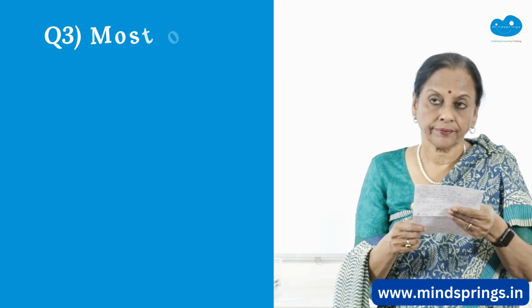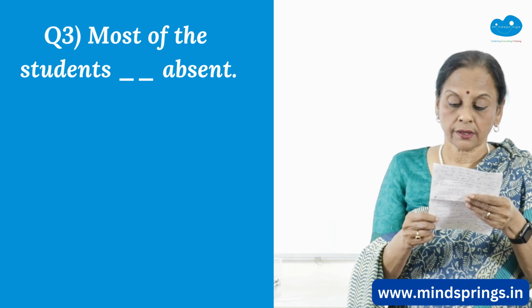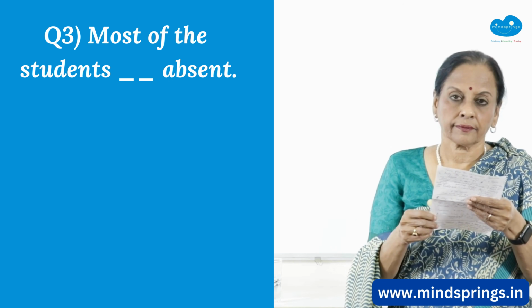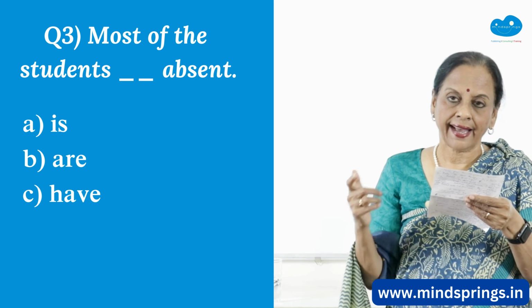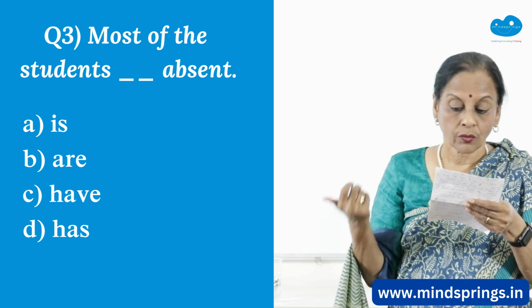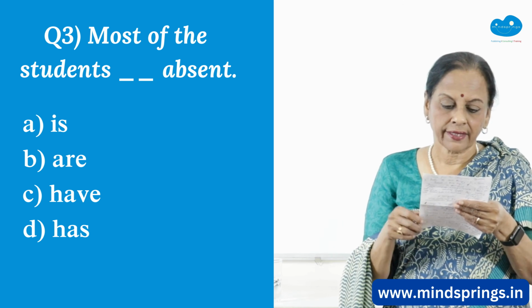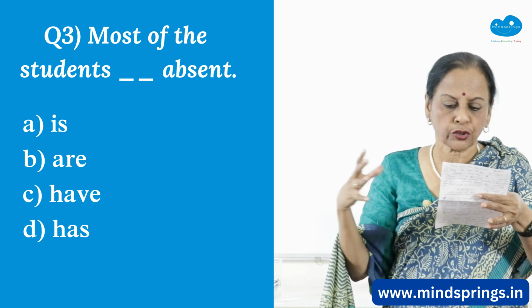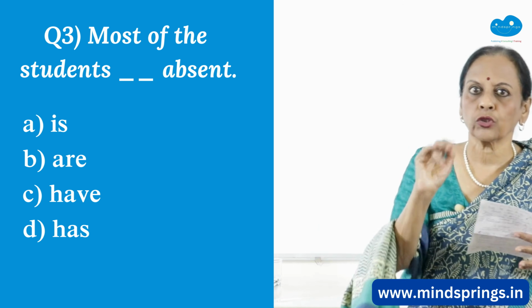Number 3, most of the students dash absent. And the options are is, are, have, has. Which one is correct? The key word there is most. Most already shows you a large number that is more than 1, doesn't it?